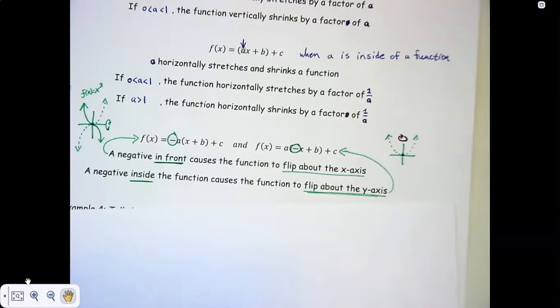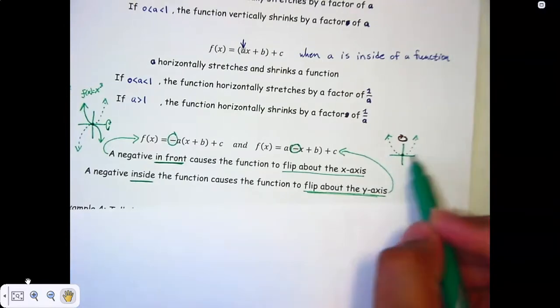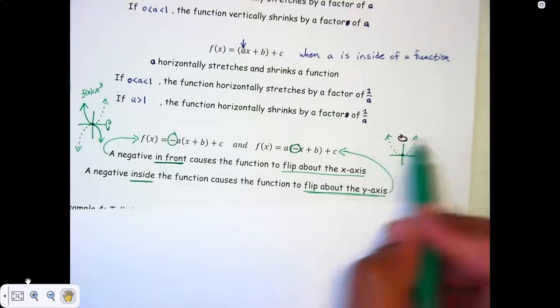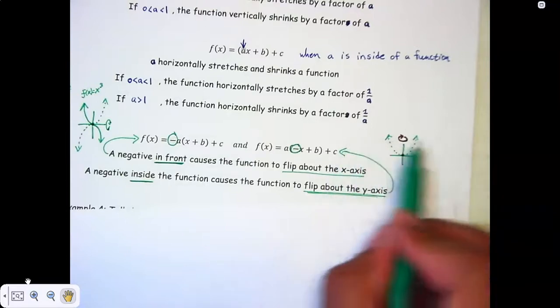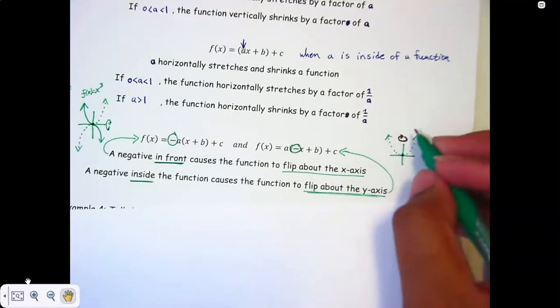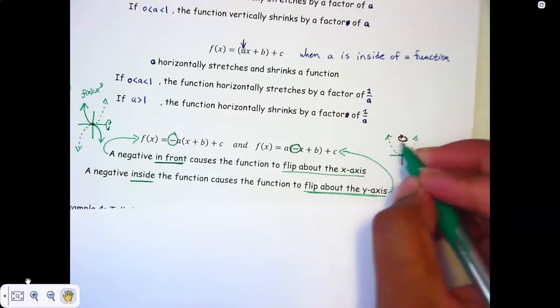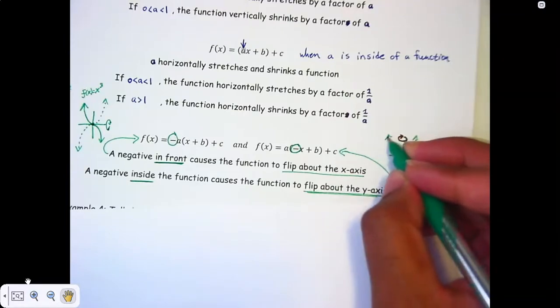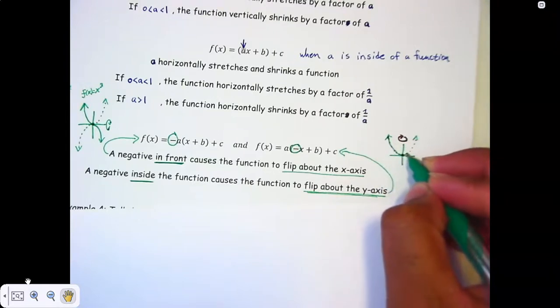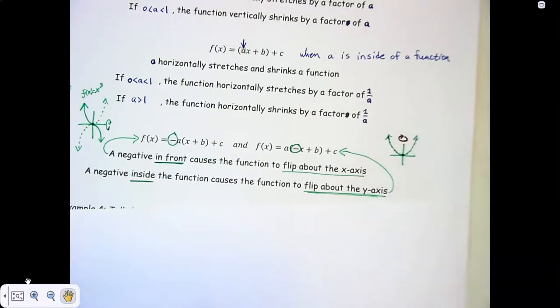So here, the function normally is like this, but if we flip it around going this way, it's really going to go back on the same thing again, guys. So this one's going to flip over here, and this one's going to flip over here. So it's really going to be the exact same graph. So normally when you flip about the y-axis, if it's symmetrical like this, it's going to be the exact same graph again.